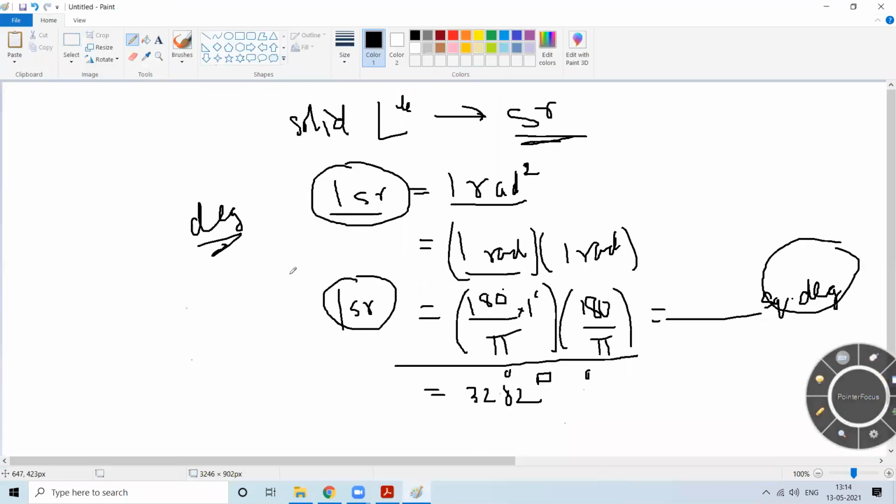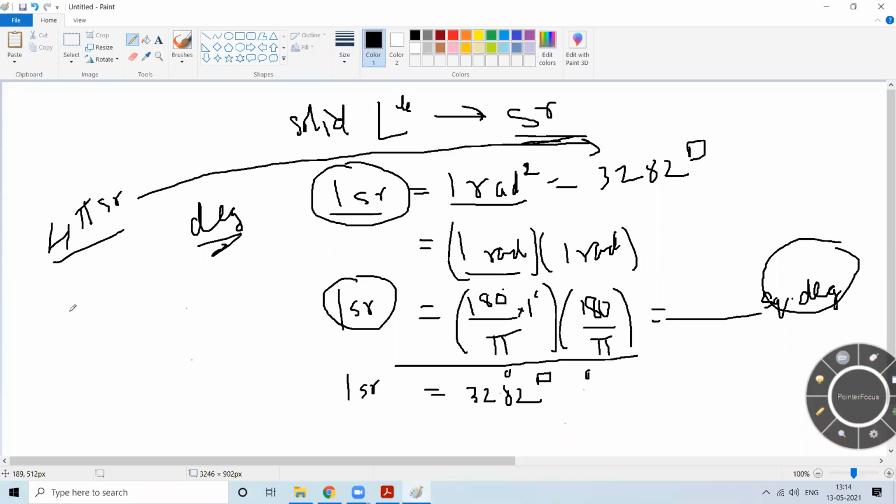So we got to know that one steradian is actually equal to 1 radian square, which is equal to 3282 square degrees. Now what is 4 pi steradian equal to? We can measure it from this parameter. One steradian is 3282 square degrees.